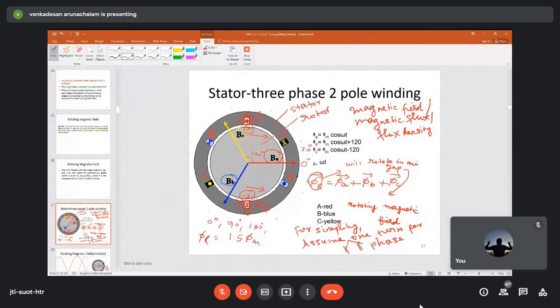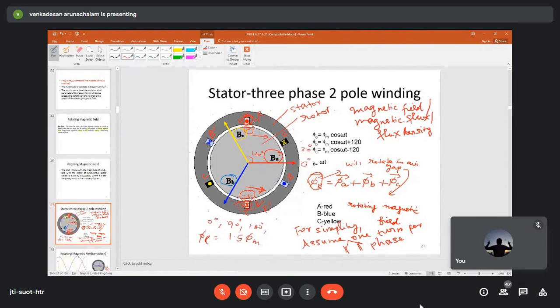According to the direction of the current in this conductor, the flux produced will be like this. It is clockwise direction. The net resultant flux will be like this. So it is clockwise direction. So with respect to the rotor, the flux direction is like this.